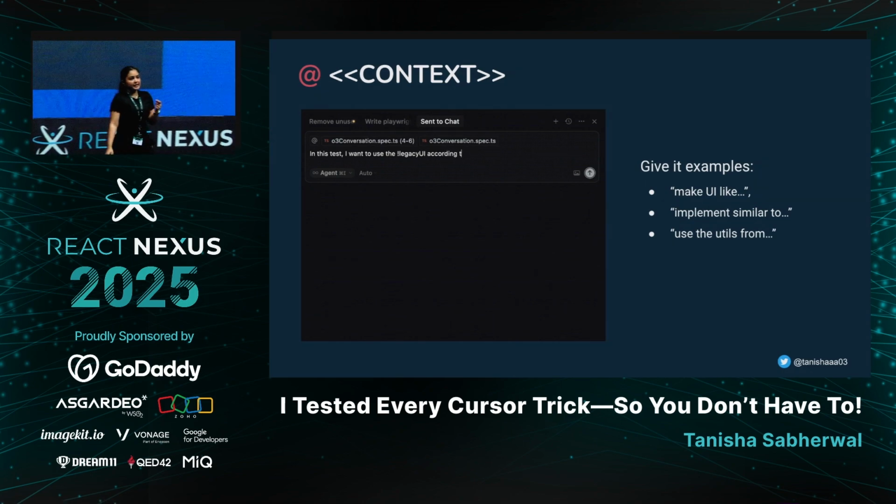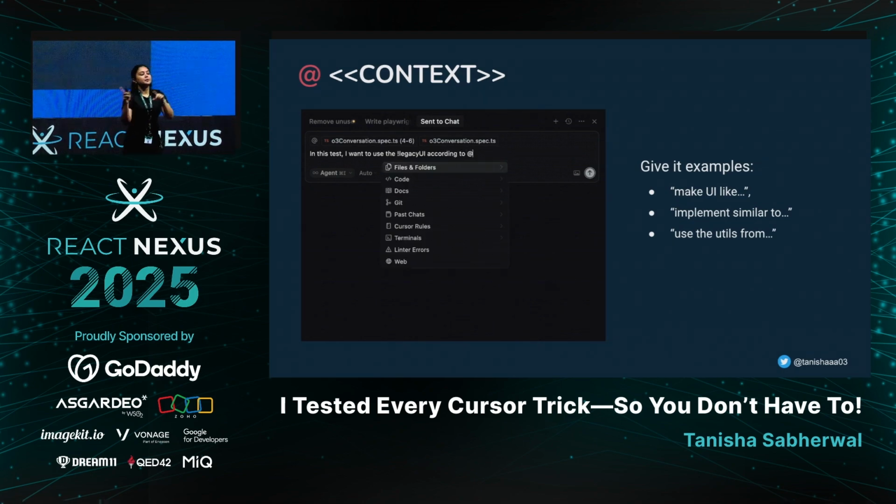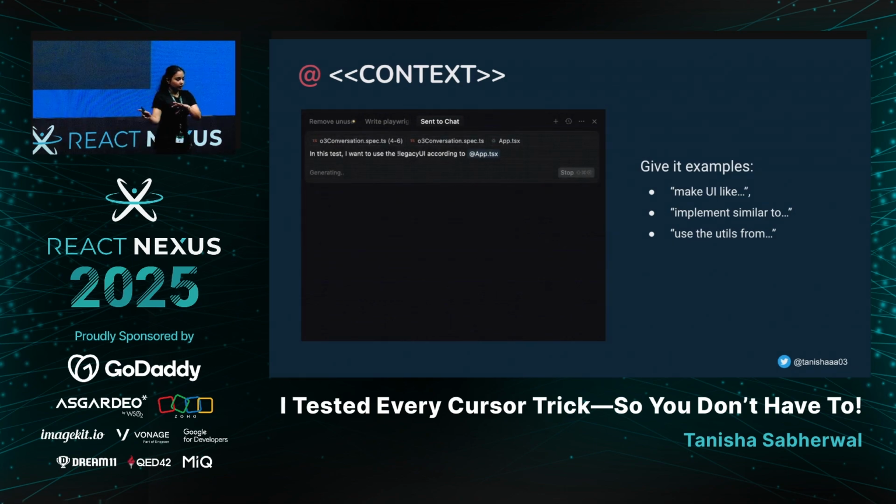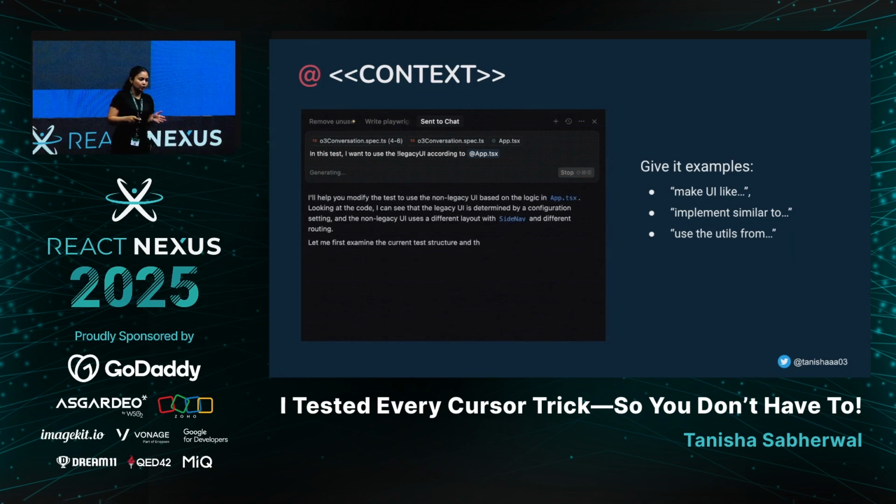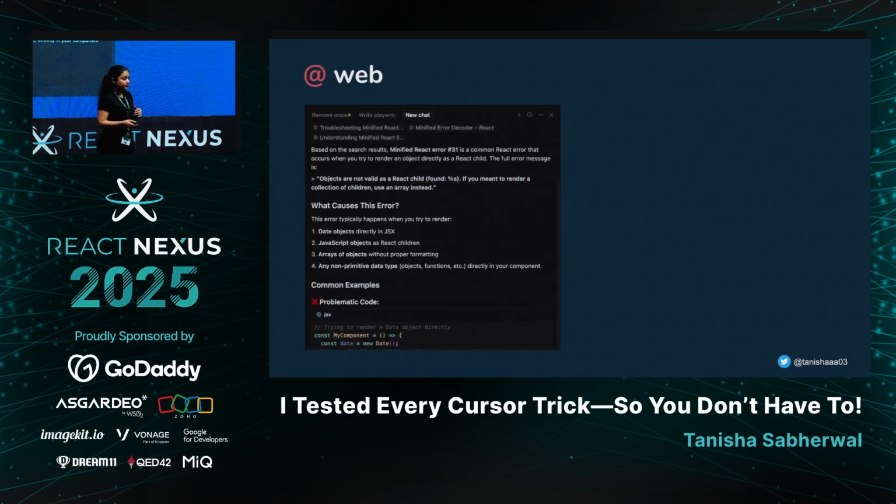For example, you could say make UI like this particular file, implement similar to this pattern at XYZ code, or use utils from this particular folder. In most cases, it automatically figures out your UI pattern code, but it's good to give it as a prompt. It will be much faster and much cleaner.